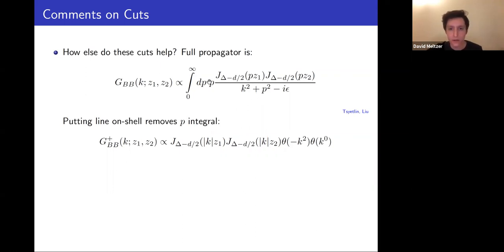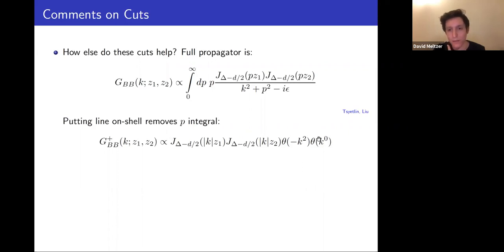This integral over P is like an integral over radial momenta. Now putting a line on shell just corresponds to inserting a delta function, and so we can use that to remove the P integral. So my on-shell propagator is just a product of 2 Bessel J functions with some restrictions on the momenta.